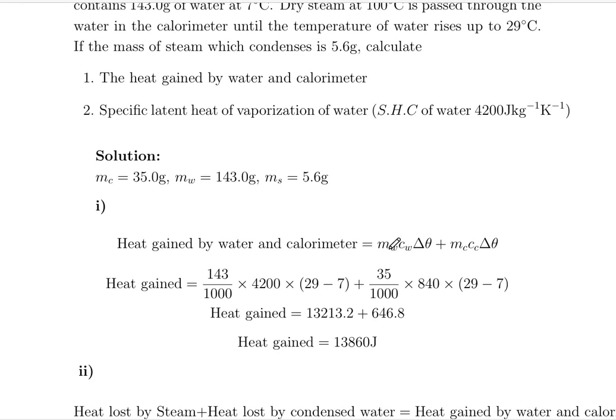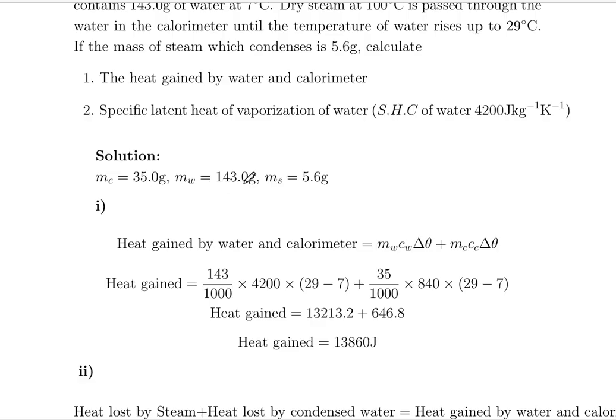So now to substitute, we have the mass of water here. The moment you are substituting in a formula, you are required to substitute every quantity in its standard units. So we are required to convert this mass of water, which is in grams, to kilograms.